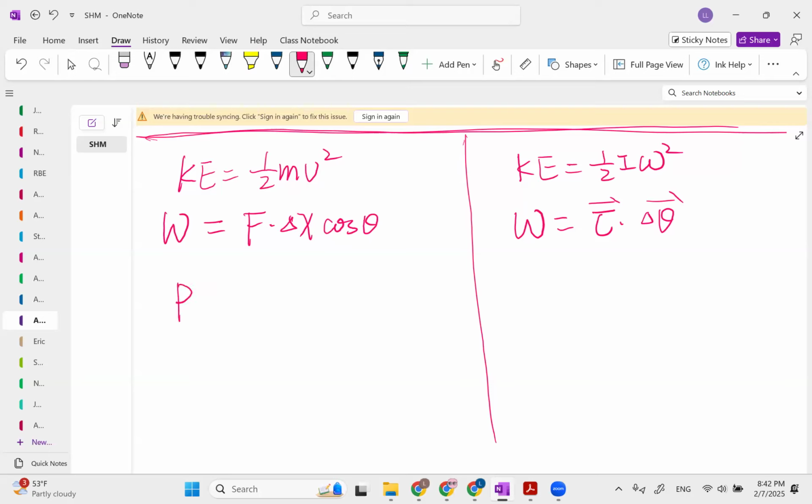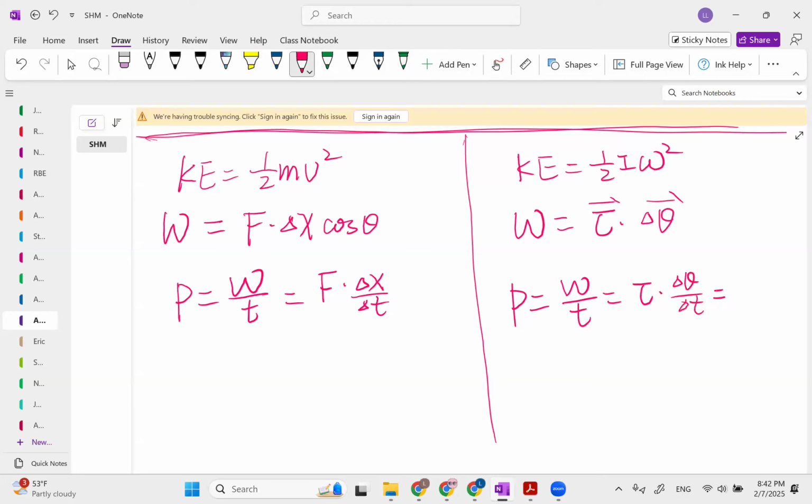And then you can find the power will be equal to work over time. It's F times delta x over delta t, right? Similarly, power will be equal to work over time, which is torque times delta theta over delta t. So which is torque times omega.